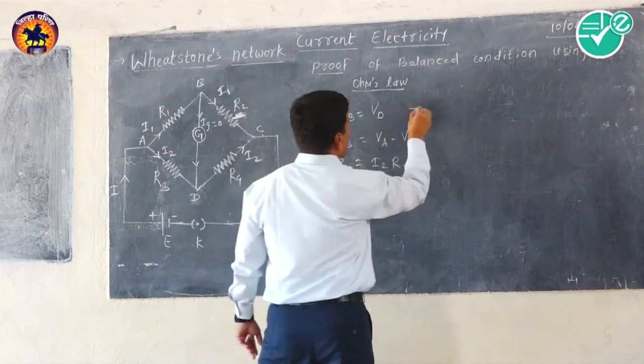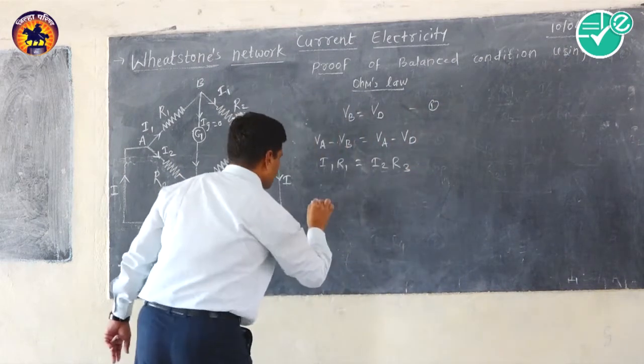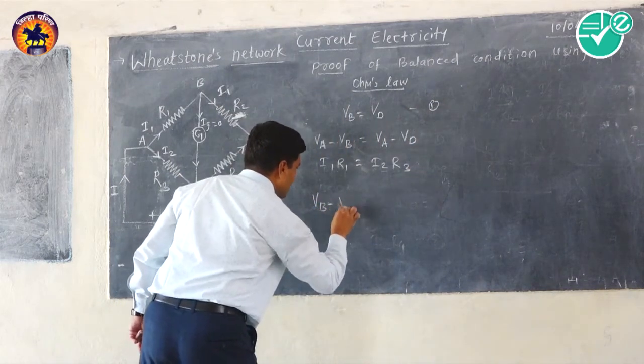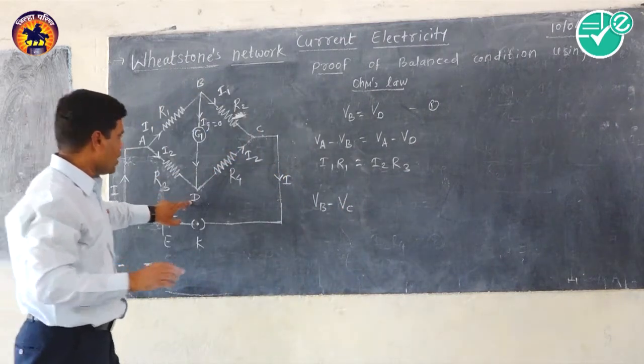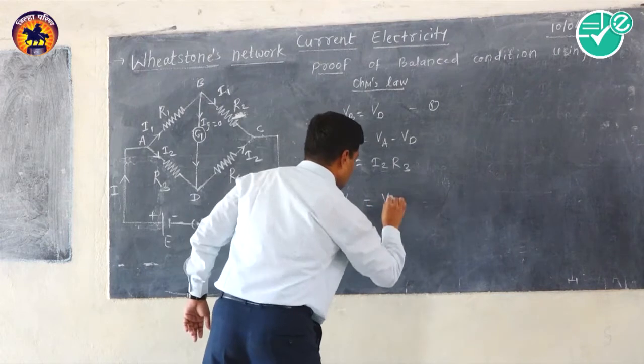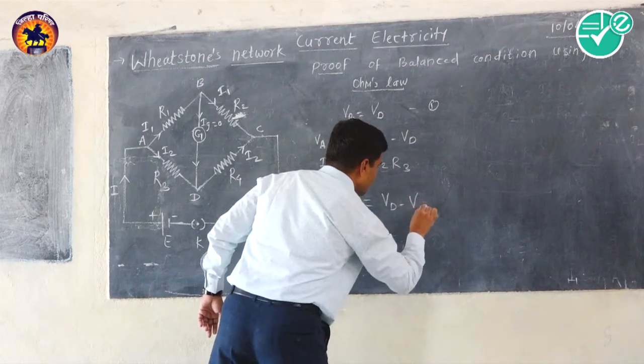Similarly, this equation can also be written as VB minus VC, and it is also equal to VD minus VC.